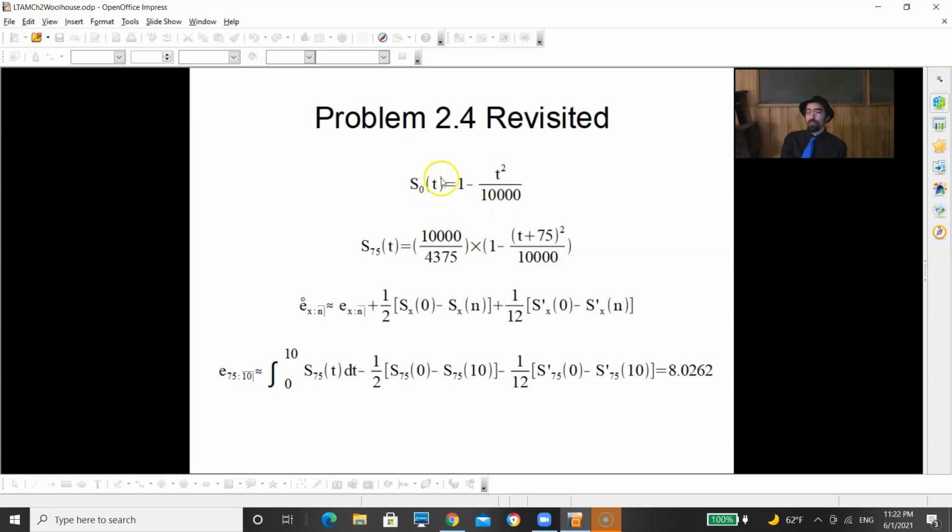Here they give us the survival function at time 0. This is the survival function for a newborn. This is the survival function for a 75-year-old. Hopefully that's not too much trouble for you.